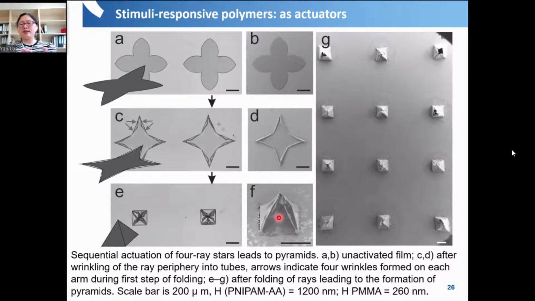Depending on the design, one layer can be swollen and the other shrunk. When you change the temperature or pH of the system, they will either open or close under different stimuli. So this can be used as an actuator.